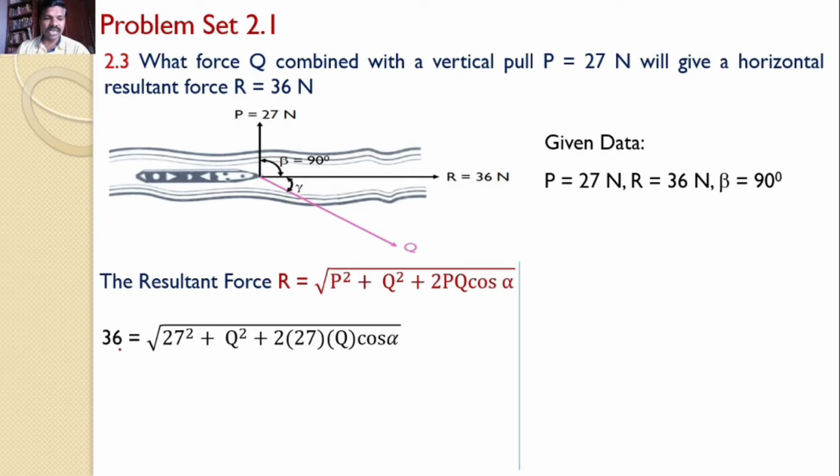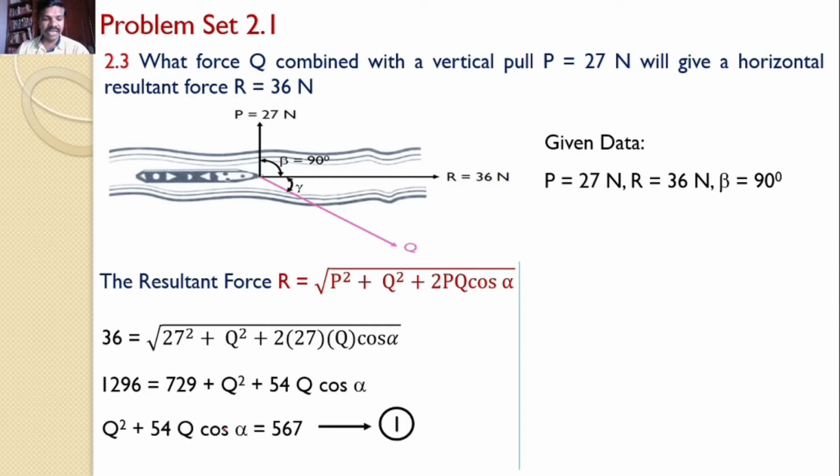Then it becomes 36 is equal to square root under 27 square plus Q square plus 2 into 27 into Q into cos alpha. Squaring on both sides, I will get 1296 is equal to 729 plus Q square plus 54Q cos alpha. This equation can be rewritten as Q square plus 54Q cos alpha is equal to 567. 1296 minus 729 gives 567. This is equation number 1.